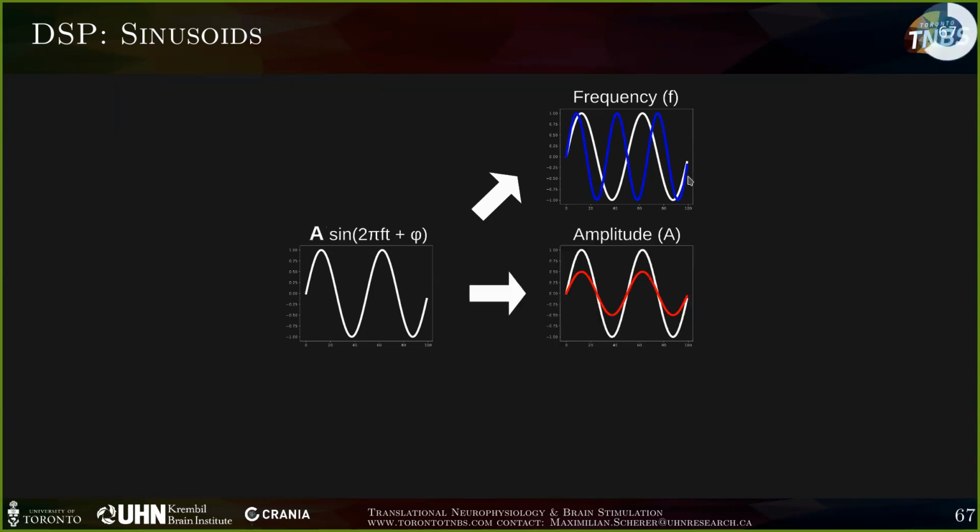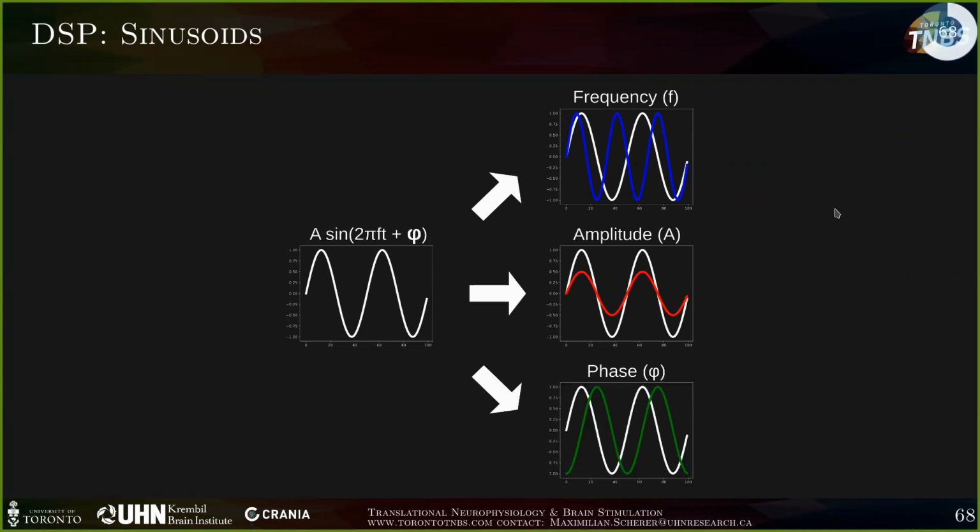The second characteristic of your sinusoid is the amplitude, which means how small or large the extents are going to be. The third characteristic is the phase, which is a shift in time, shifting the thing either to an earlier start or to a later start. But since the thing is repetitive, it goes to every point at one earlier or later. And that's all the parameters you need to know about a sinusoid.